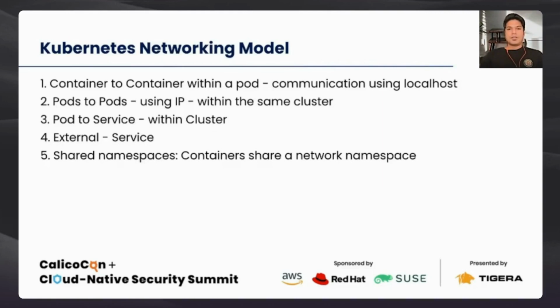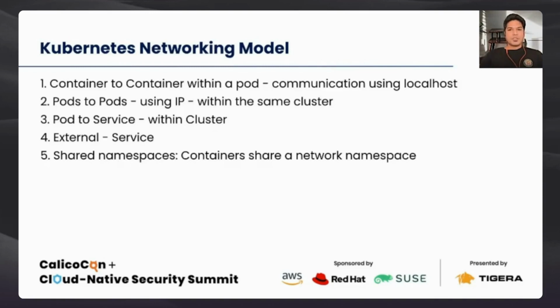In essence, a network namespace provides a brand new network stack for all the processes within the namespace. In terms of containers, a pod is a group of containers that share a network namespace. Containers within a pod all have the same IP address and port space assigned through the network namespace assigned to the pod. And they can find each other via localhost since they reside in the same namespace.